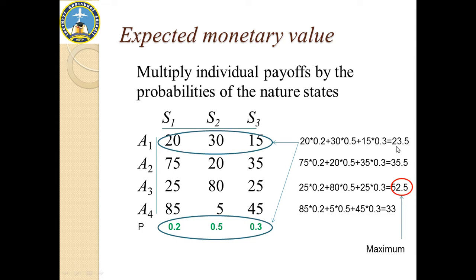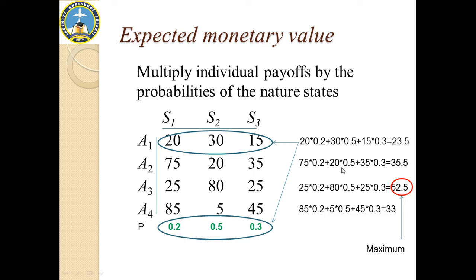Now we repeat the same procedure for the second decision-making option. We multiply the payoffs in this row by the probabilities corresponding to the individual states of nature, and add things up.